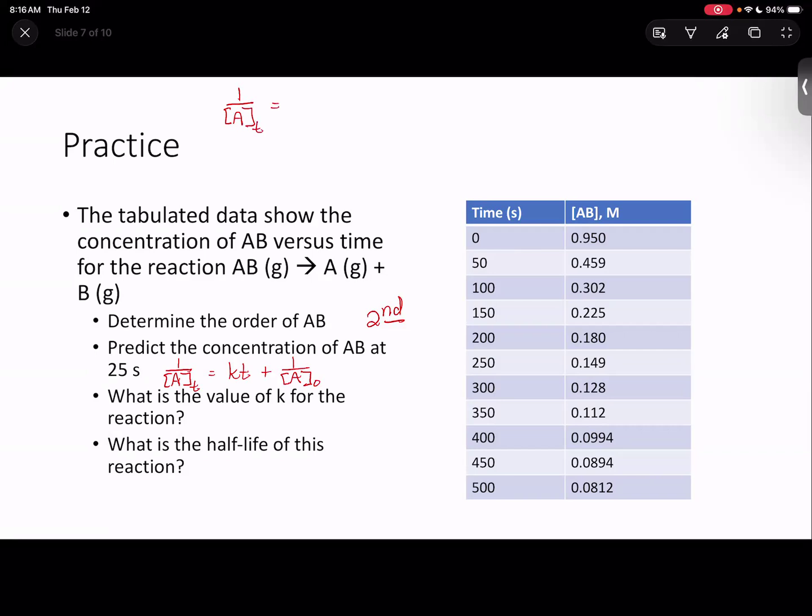That is going to be equal to k, which according to our graph was 0.0225, and that is going to have the unit of per molar second, times our time, which is 25 seconds, plus 1 over the original concentration, which was 0.950 molar. And now we're ready to solve for A at t.